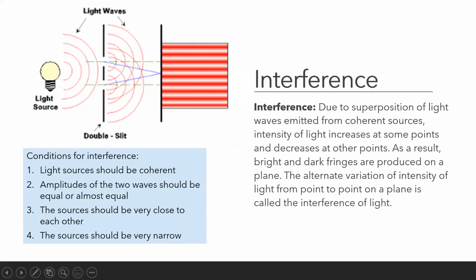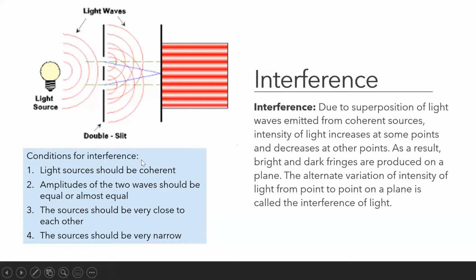So this phenomenon is called interference. This is shown by every wave. When Young showed that this interference is shown by light also, it was taken as the confirmation of Huygens' wave theory. So there are some conditions for interference to occur. Let us see what those conditions are.